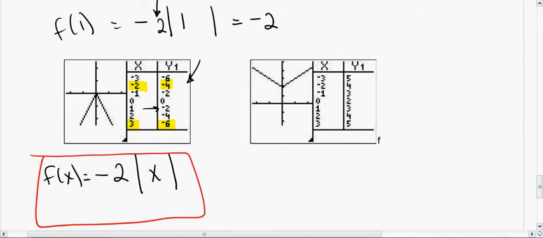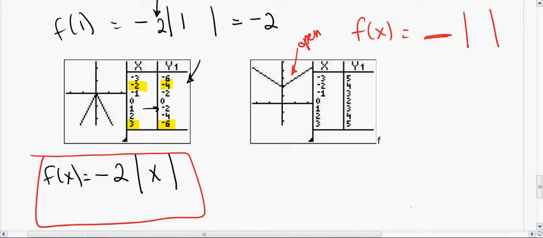Let's take a look at the next one, the one over, oh, it's our last one too. So this is looking a little bit more open, and I suspect I'm going to have to multiply by either a 1 or a 1/2, something to make this open up more. See how it's opening? So I'm going to have to put, I think, something outside my absolute value bars.